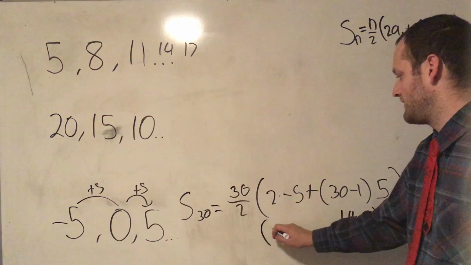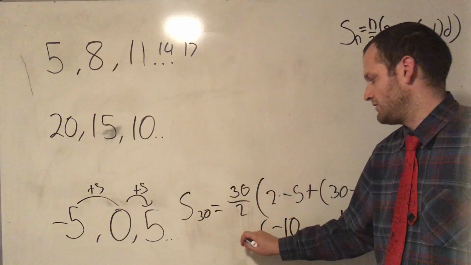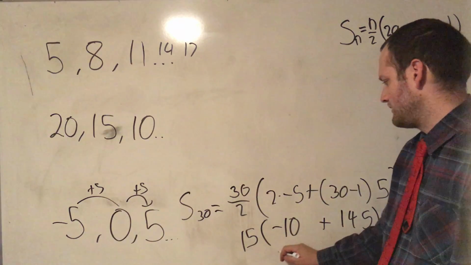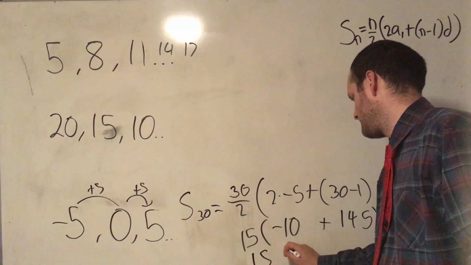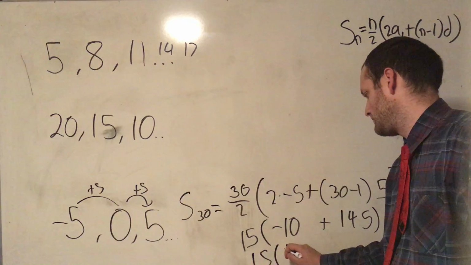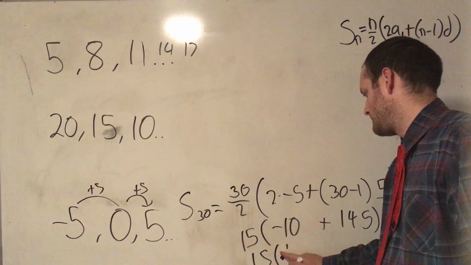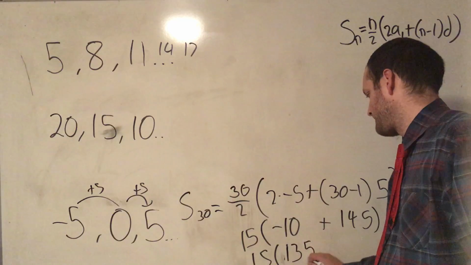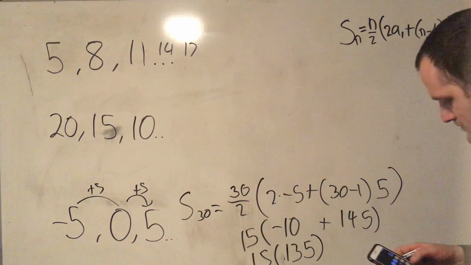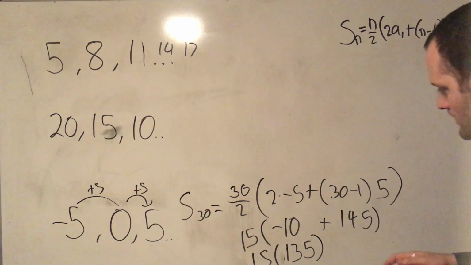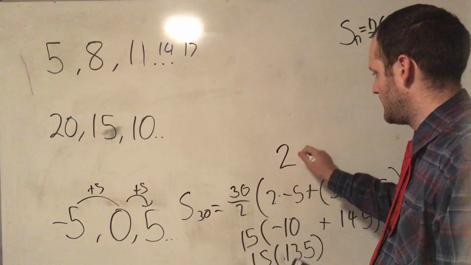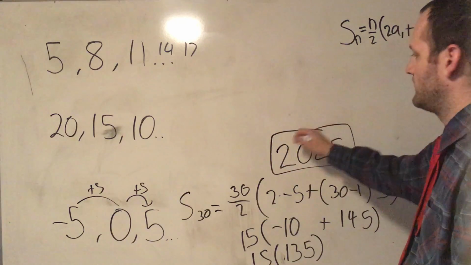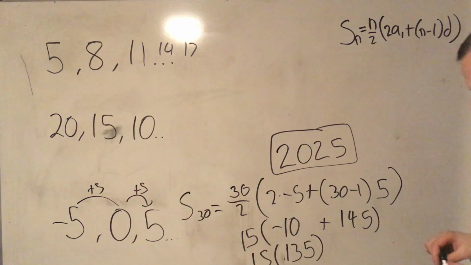Got 2 times -5, that's -10. This is going to give me 135. I'm going to multiply by 15. And that gives me a total of 2,025 for my answer, if I add up the first 30 terms in that sequence.